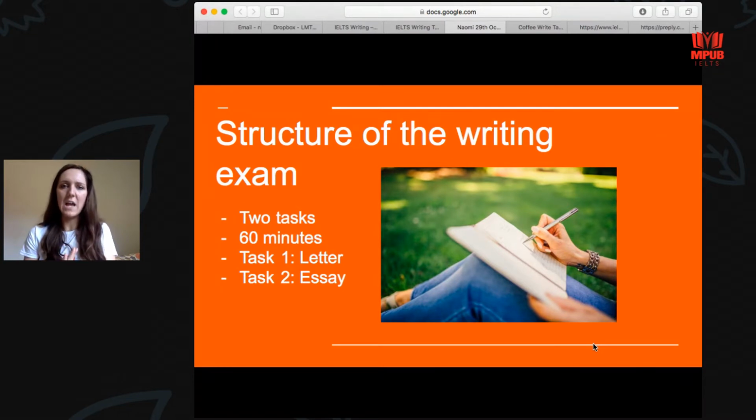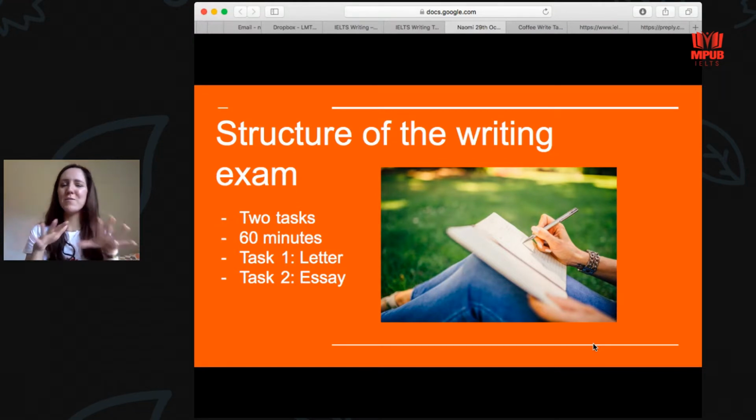And then the essay, it's similar in academic and general. You will be given a little question or explanation on a certain topic, and in the academic, it might just use a bit more of academic language, and you'll be expected to write in a more formal style with more advanced structures.